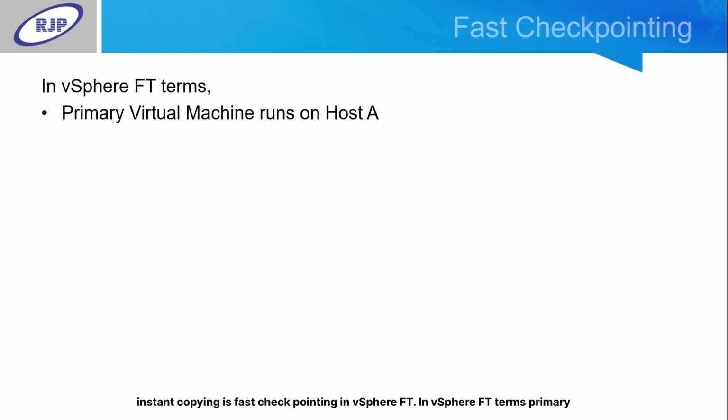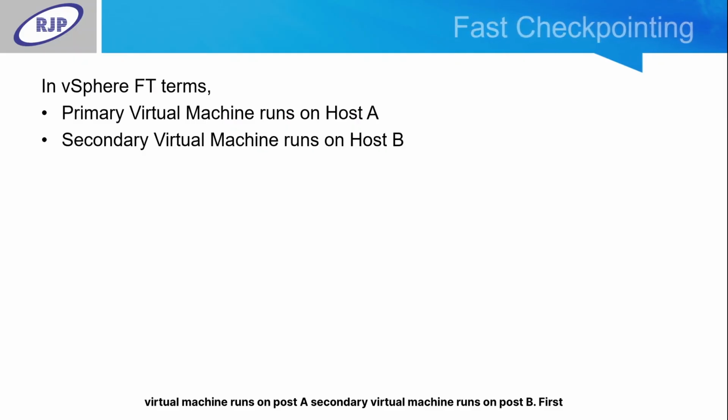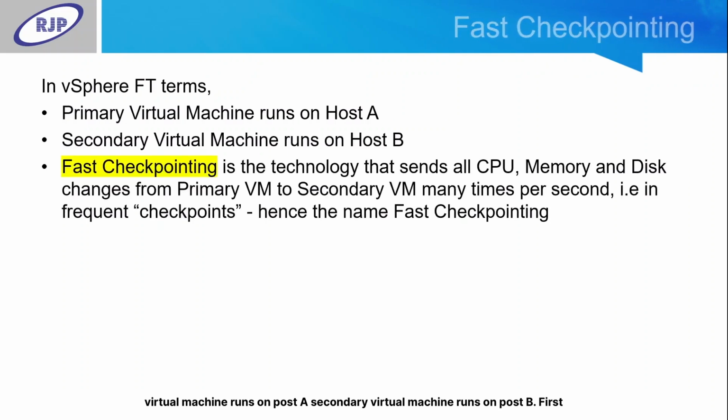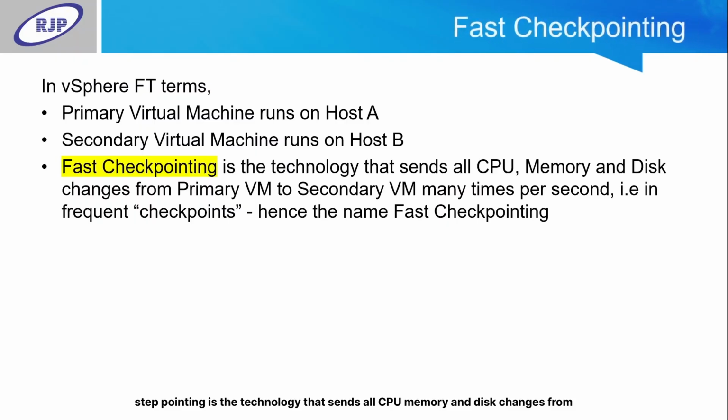In vSphere FT terms, the primary virtual machine runs on host A, and the secondary virtual machine runs on host B. Fast checkpointing is the technology that sends all CPU, memory and disk changes from the primary virtual machine to the secondary virtual machine many times per second, that is, in frequent checkpoints.